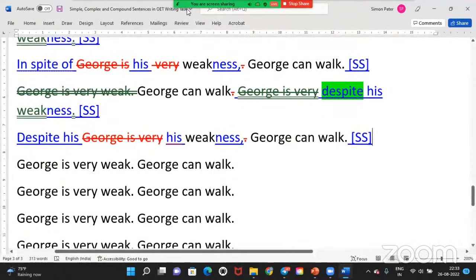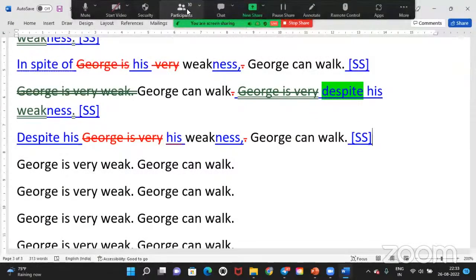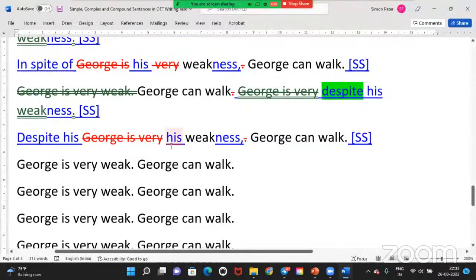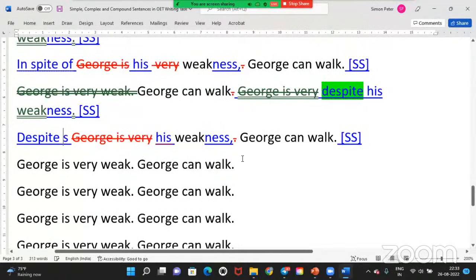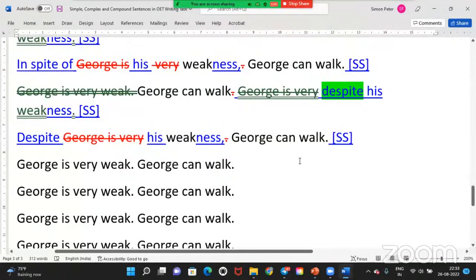Oh, sorry, I made a mistake. "Of" is not necessary. Despite his weakness, George can walk. So that is how.